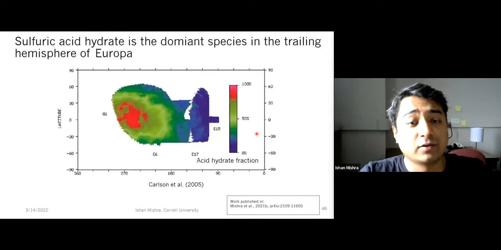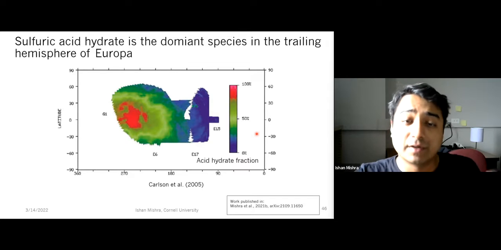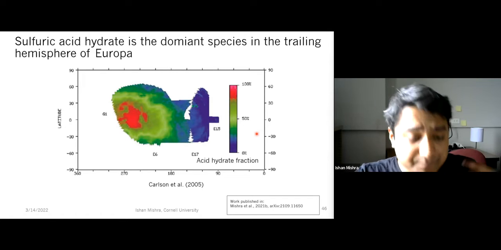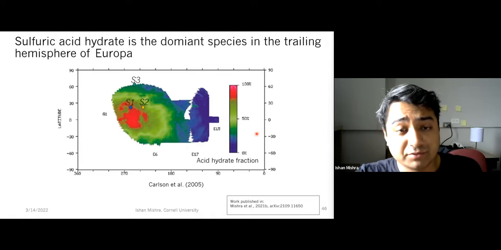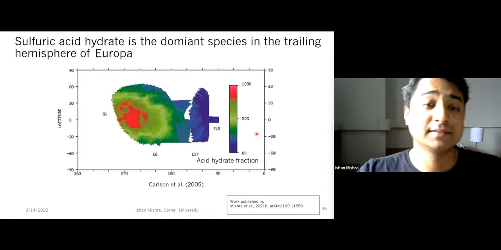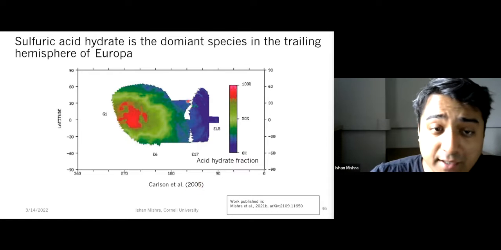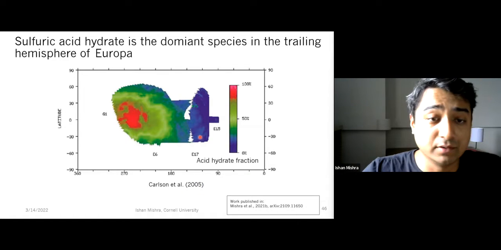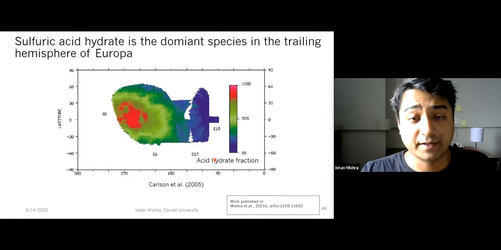So a background on the species quickly. Sulfuric acid hydrate, as I've said, is a dominant species in the trailing hemisphere of Europa. We were already expecting it from our understanding of radiolytic chemistry happening on Europa's surface. But in a 2005 paper, Rob Carlson led an analysis of the trailing hemisphere data of Europa from Galileo using a simple model that had sulfuric acid hydrate and water ice.